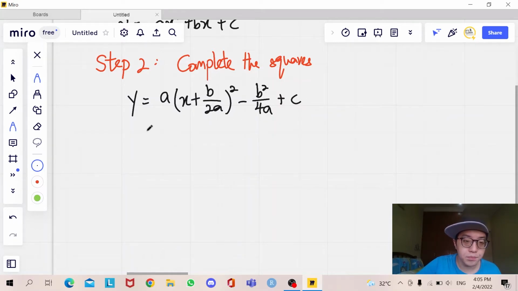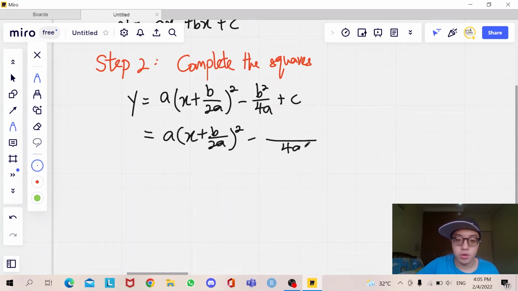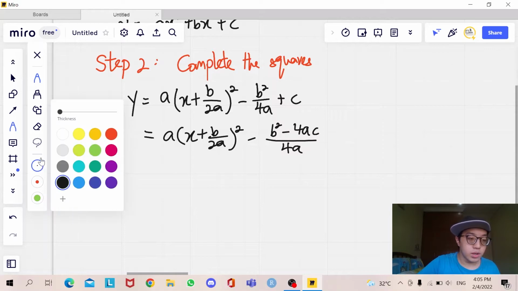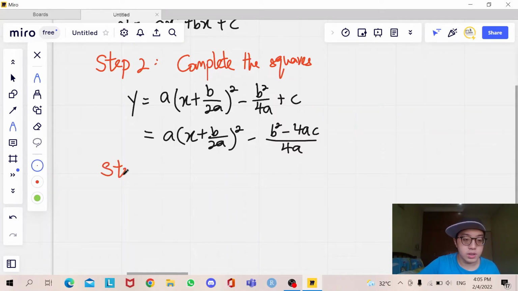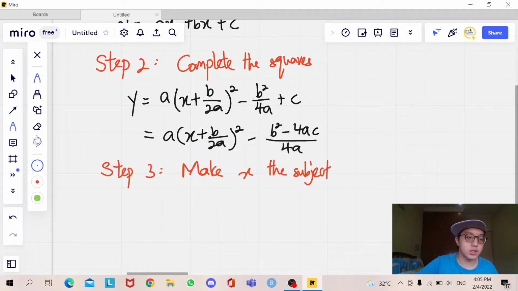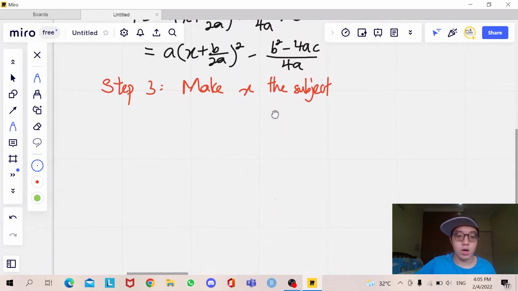From here, in order to make x the subject, we will combine this into one first, b squared minus 4ac. Your next thing to do is the same as the previous one. Step 3, make x the subject. This is the additional step 2, to complete the square, if you are to look for the inverse of a quadratic function.